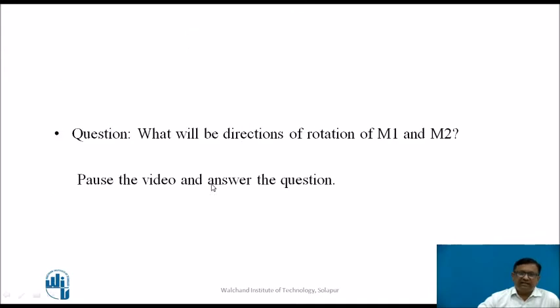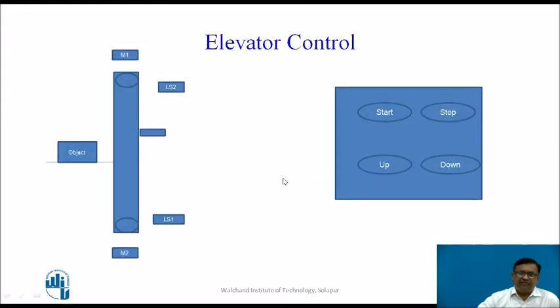Now let us take one question. What will be the directions of rotation of motor M1 and motor M2? Pause the video and answer the question. The question might be very simple.